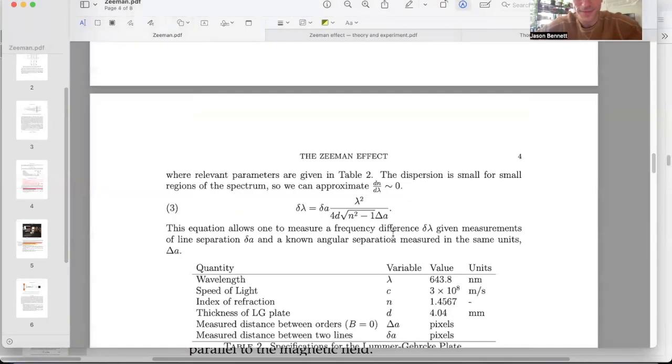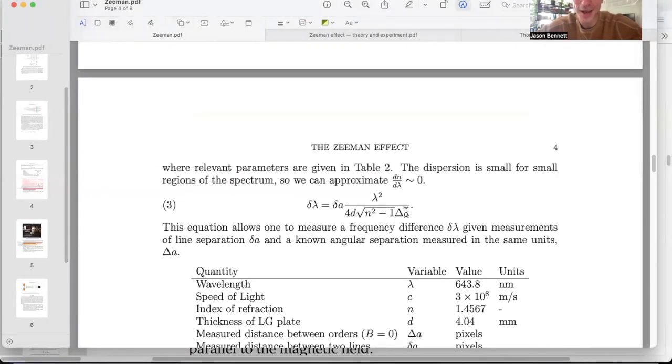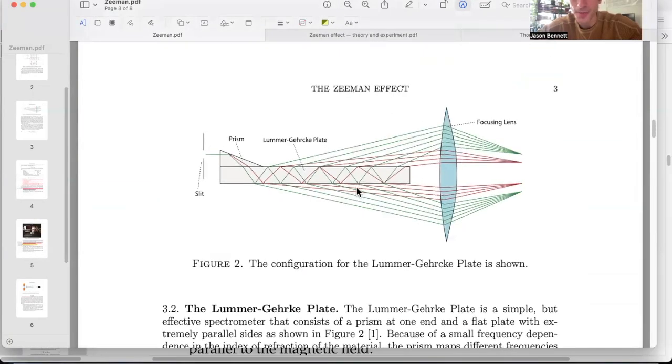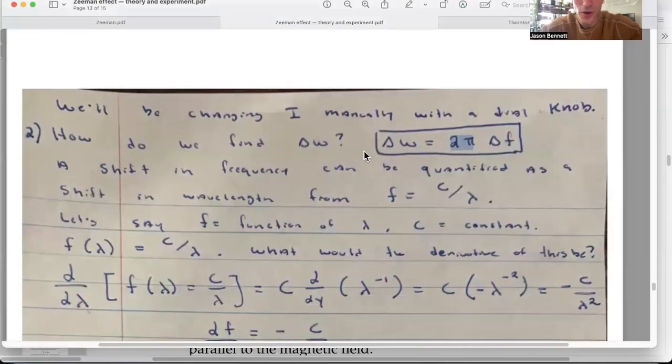This insane formula, which more or less is all due to the fact that we are using this interferometer. So I need somehow to calculate this in terms of the shift in the wavelength, because that's the actual equation that we have based on the interferometer that we're using. So I'm going to express this function in terms of wavelength.